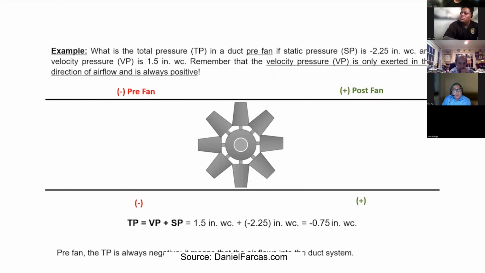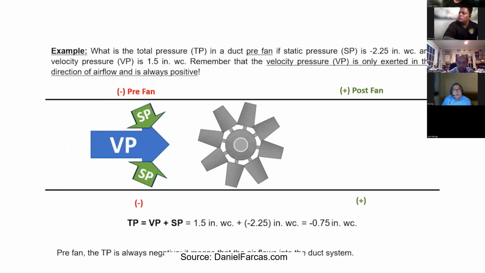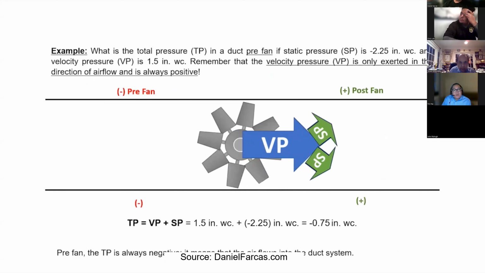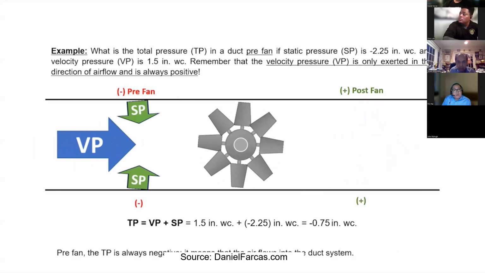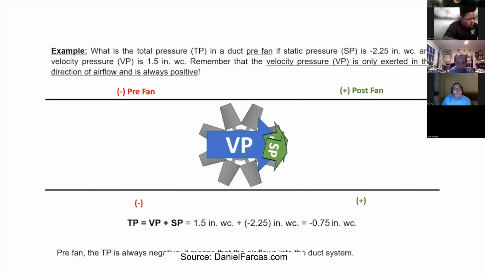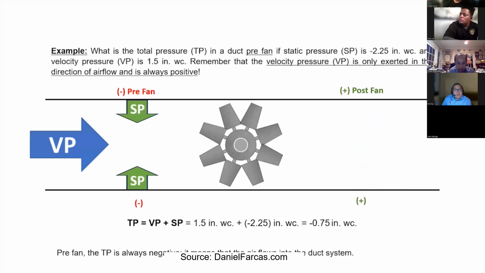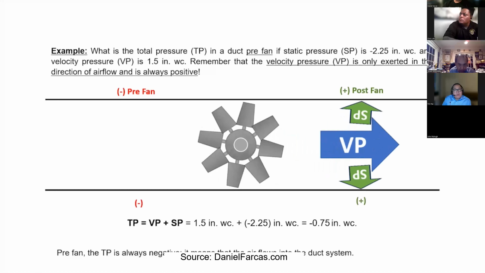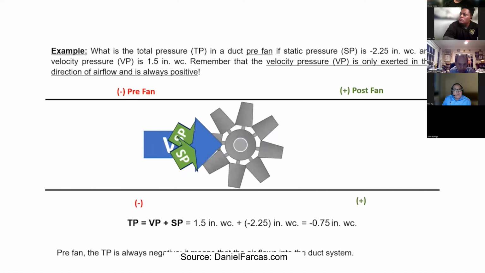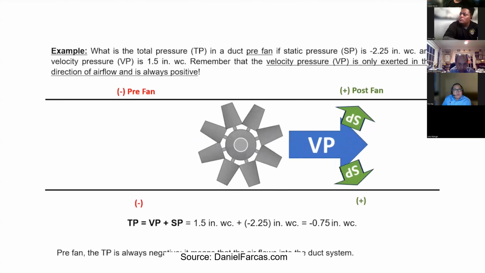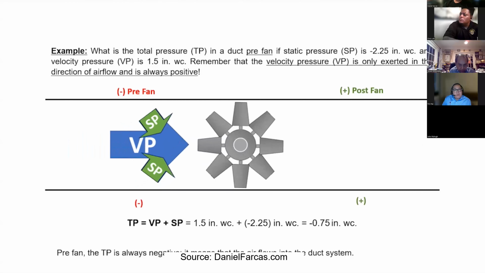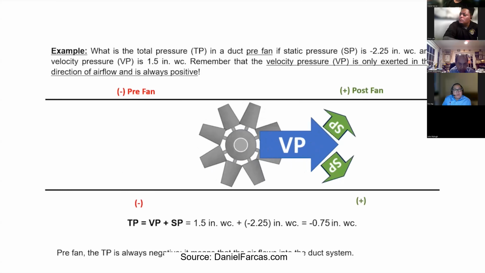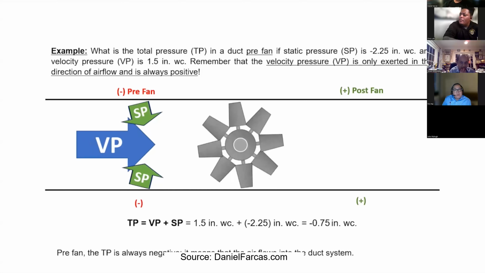For example, what is the total pressure in a duct pre-fan if static pressure is minus 2.25 inch water column and velocity pressure is 1.5 inch water column? Remember that the velocity pressure is only exerted in the direction of airflow and is always positive. Pre-fan, the total pressure is always negative.